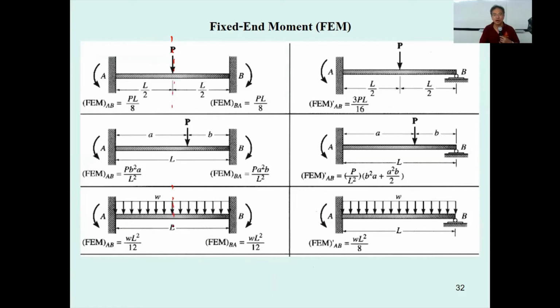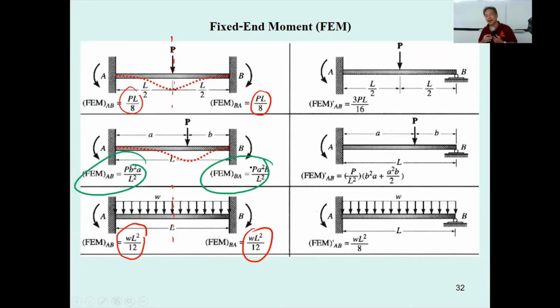This also is simple. Since the beam is symmetric, the fixed end moment is going to be the same. Please, this one you are supposed to remember. But for the one like this, I will provide it in the examination.